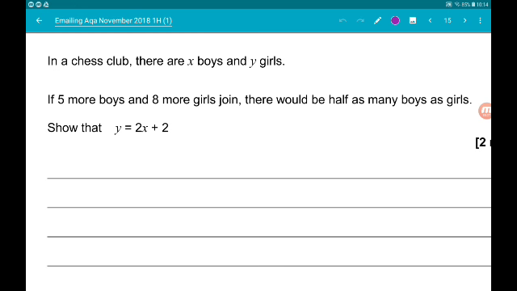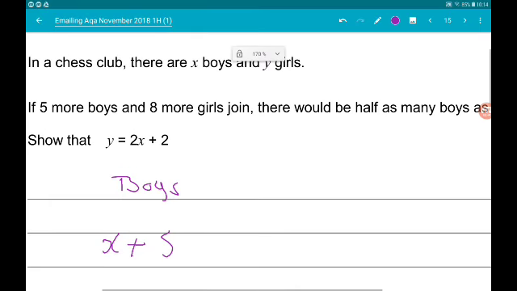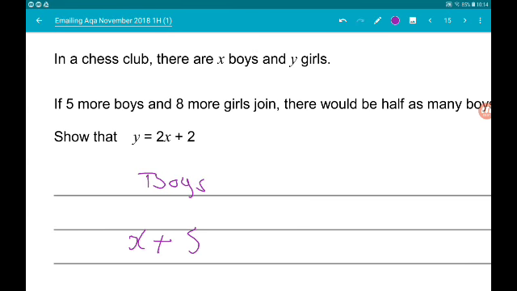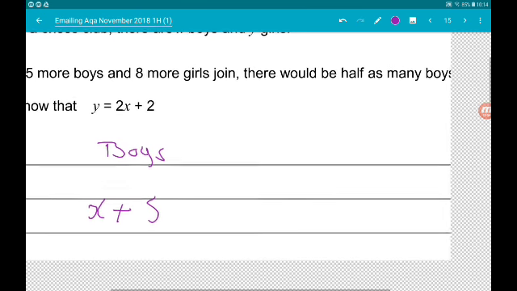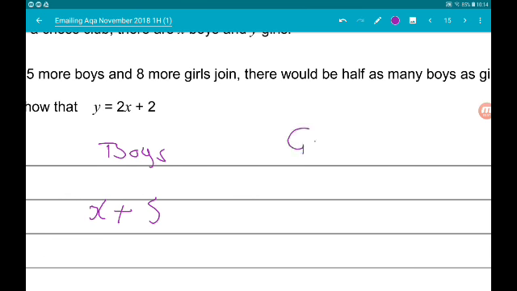Okay, so if there are X boys and 5 more join, there is then X add 5 boys. Now, if there are Y girls and 8 more join, there are Y add 8 girls.